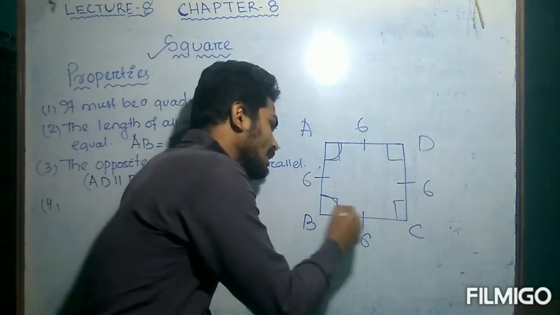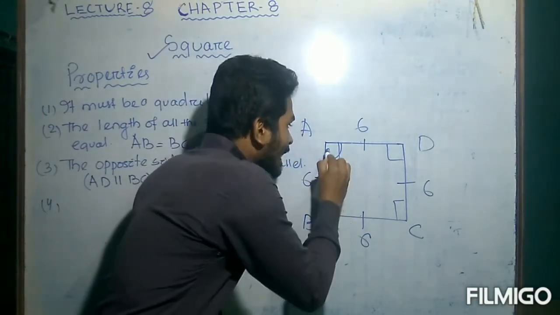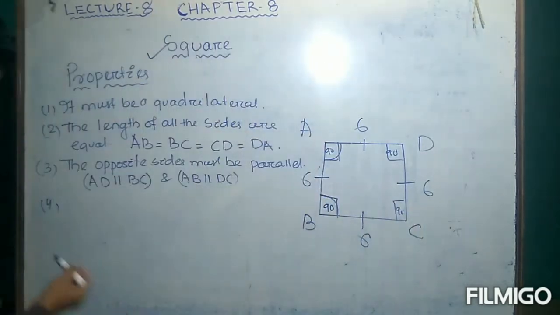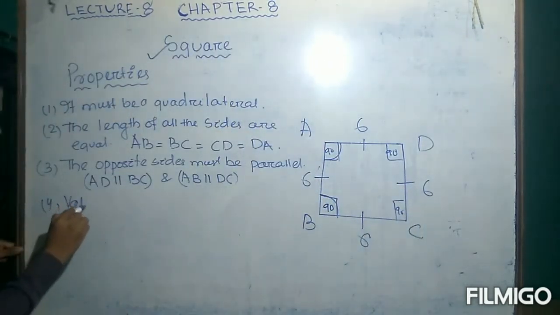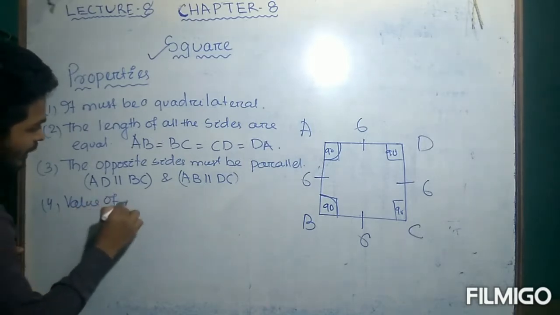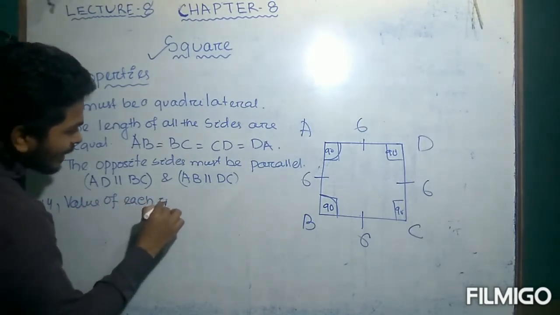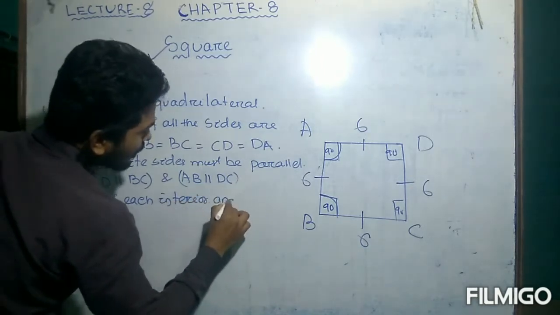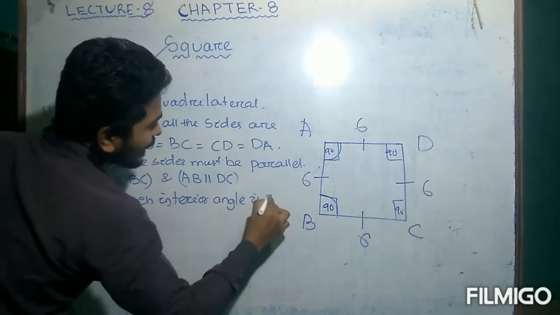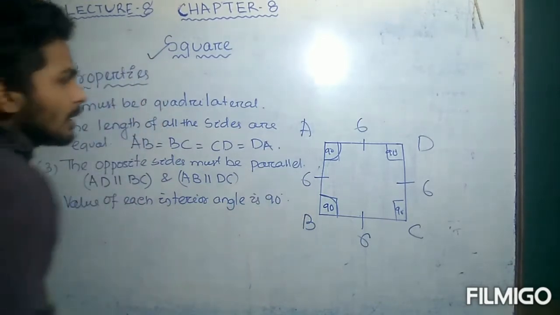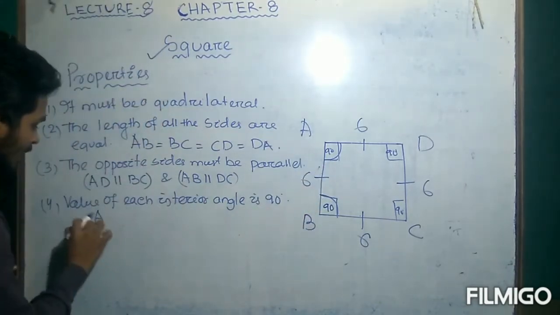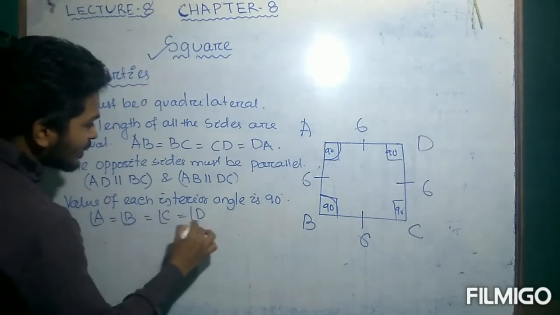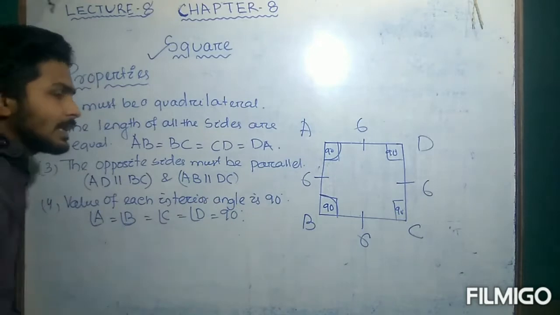So here also the value of each interior angle is 90 degree. Understood? So the value of angle A is equal to B is equal to C is equal to D is equal to 90.